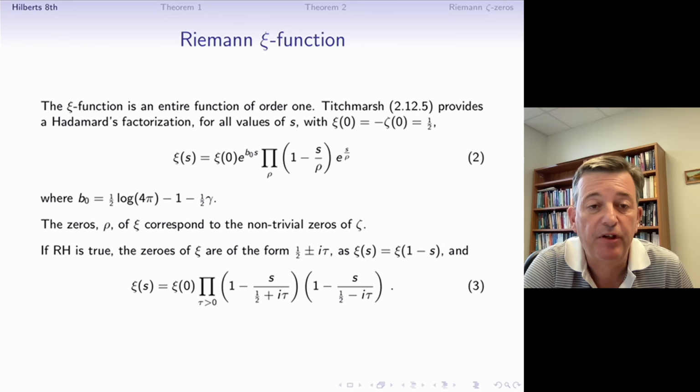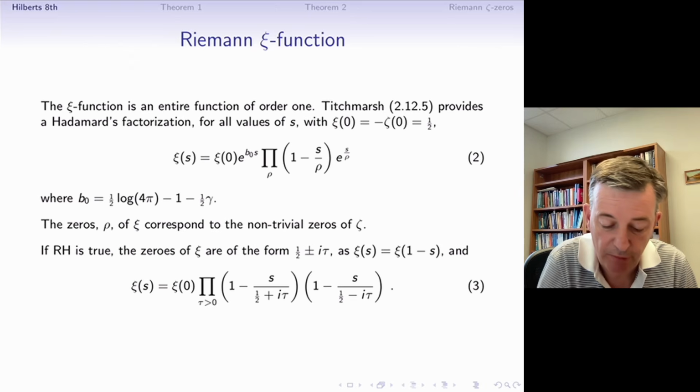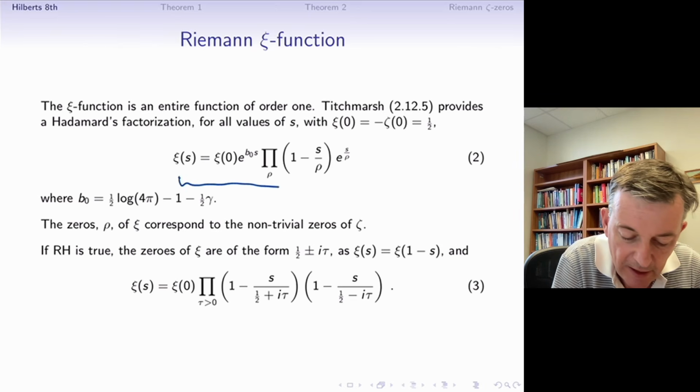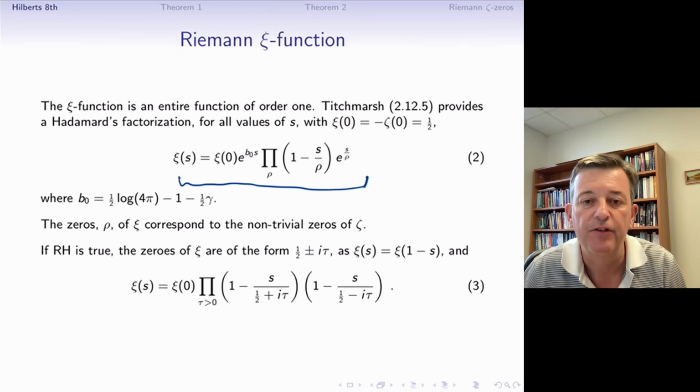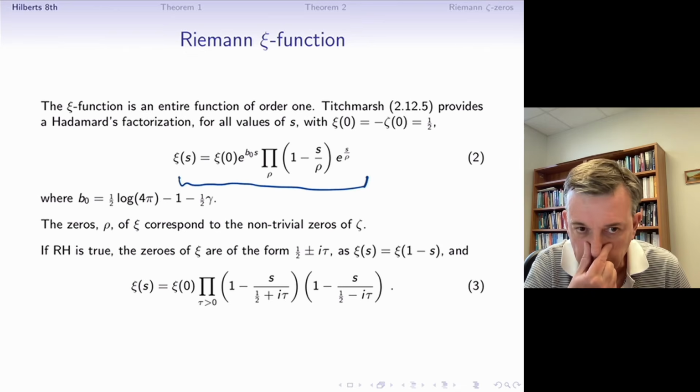For example, it's known that the xi function is an entire function of order 1, so it has a Hadamard-Weierstrass factorization with normalization constants. Essentially, in equation 2, xi of s can be written as this product. And of course we want to understand the zeros, which are given by rho.